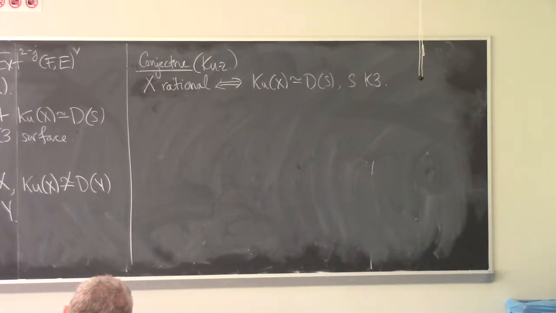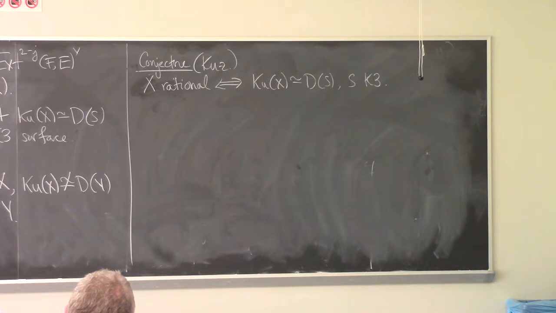With the transcendental lattice of X, it has to be isomorphic to the transcendental lattice of a K3, and at least generically that's true. So you can translate this into a Hodge theoretic condition, and maybe later I'll get back to describing that.